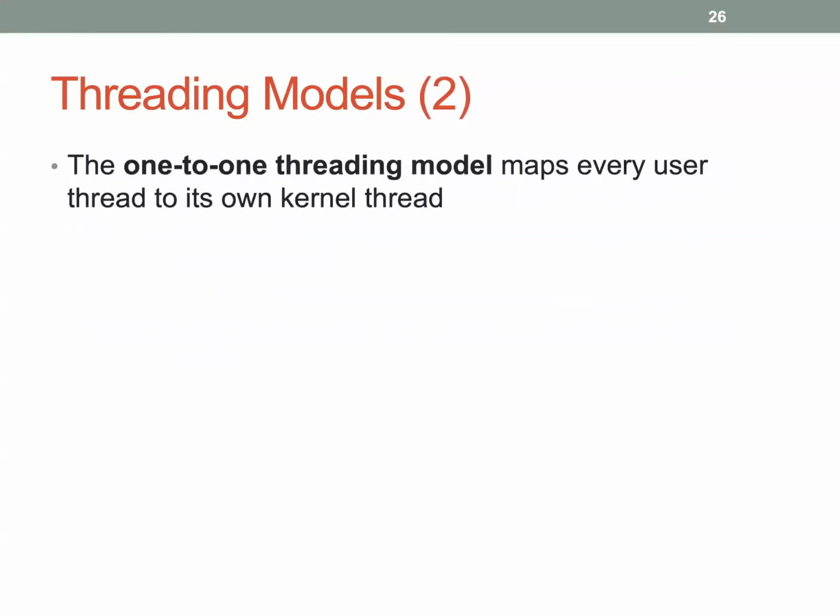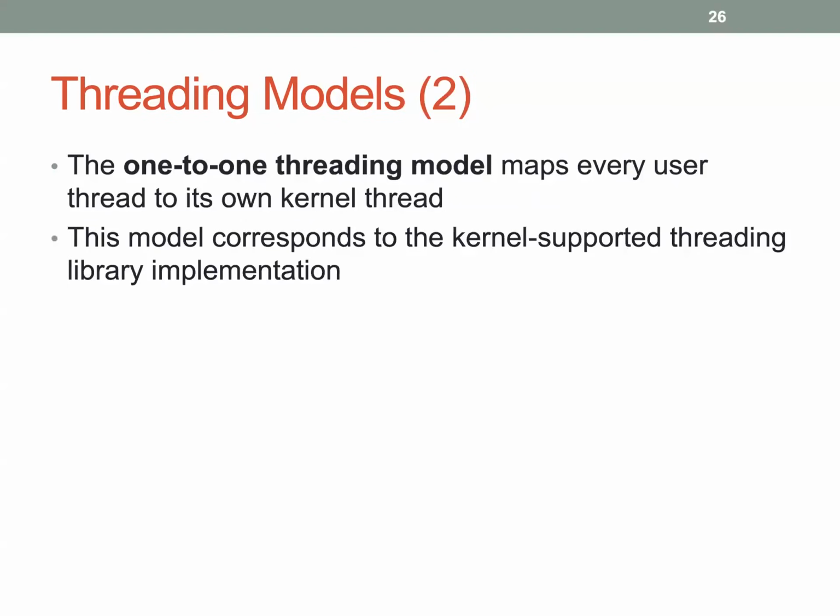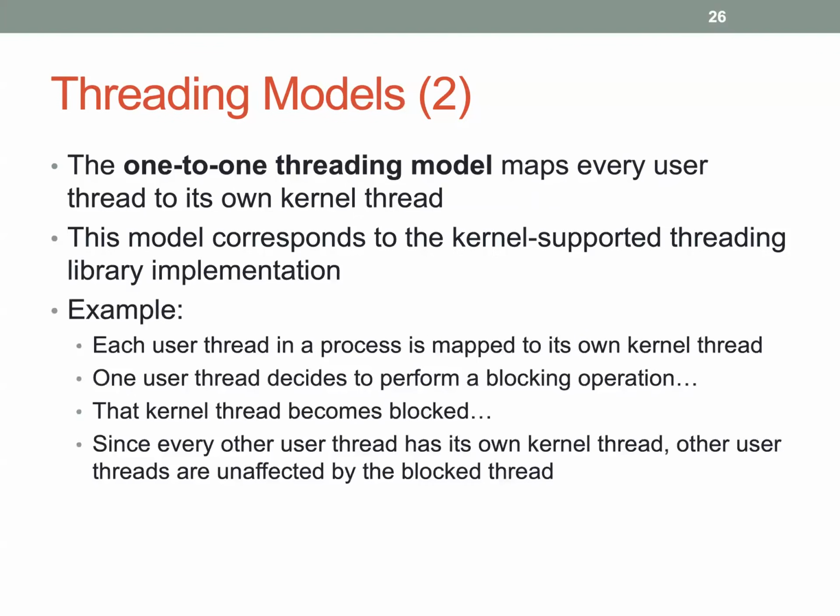Then we have a one-to-one threading model, which basically associates every user thread in a process with one kernel thread. And that's the standard model that we use day to day now in modern operating systems. Linux uses it, Mac OS uses it. As I say on the slide, this corresponds to the kernel supported threading library.